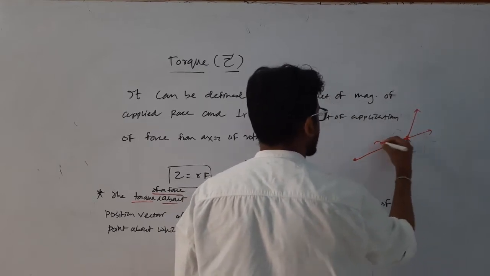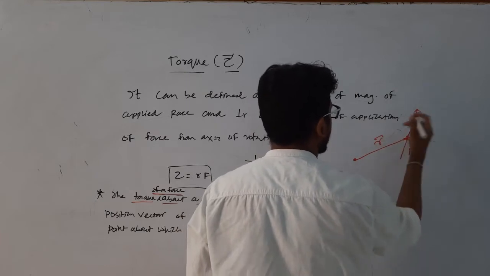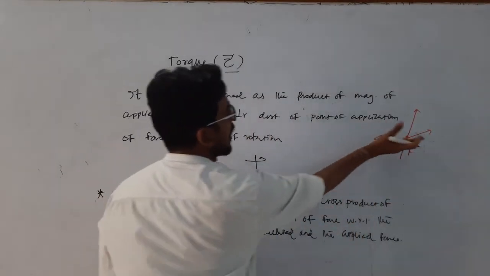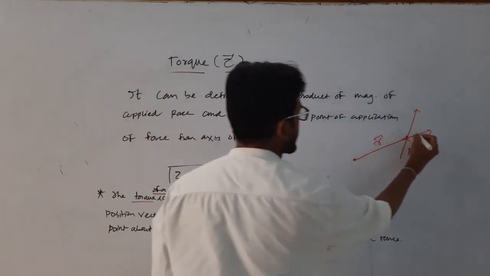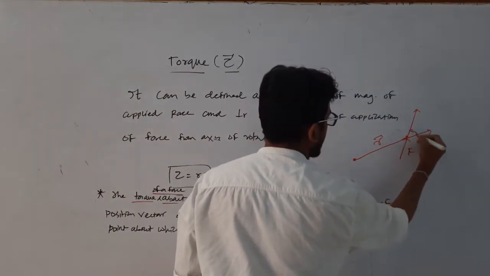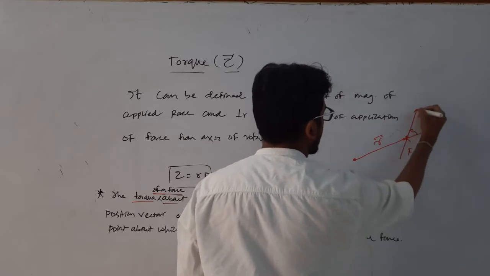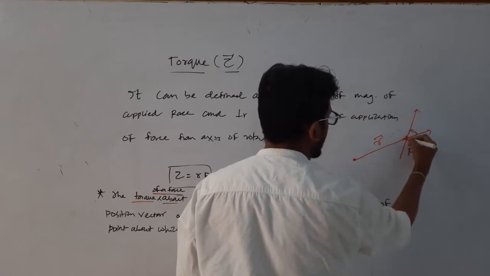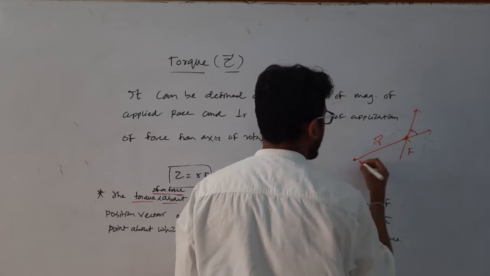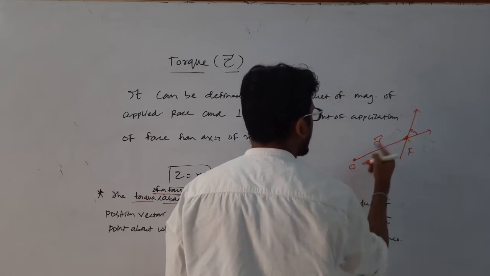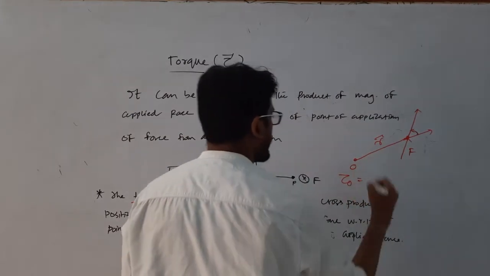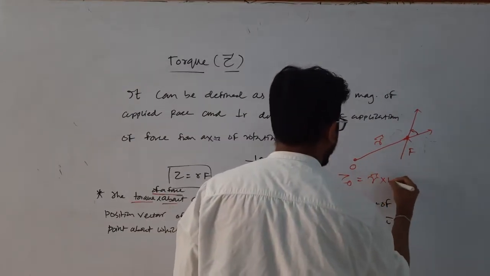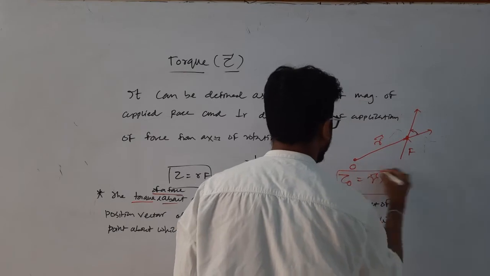So the cross product, this is the r vector, this is the force, so r cross F will give us the torque. This is the point O about which I have to calculate the torque. So tau about O is equal to r vector cross F vector.